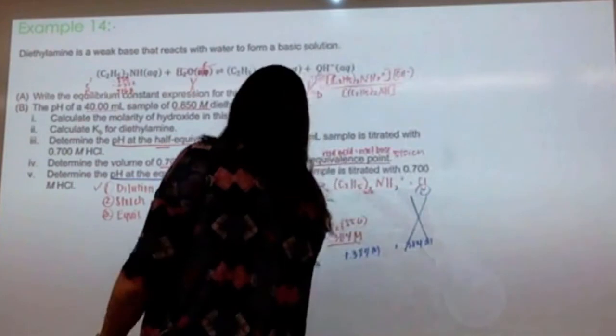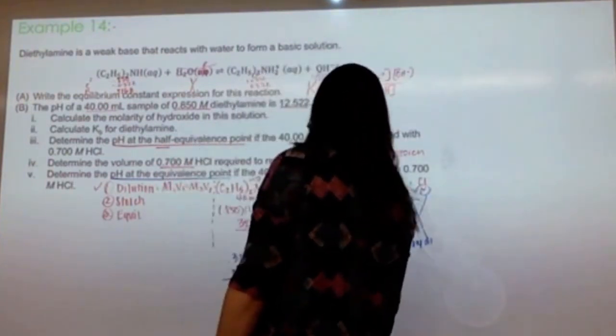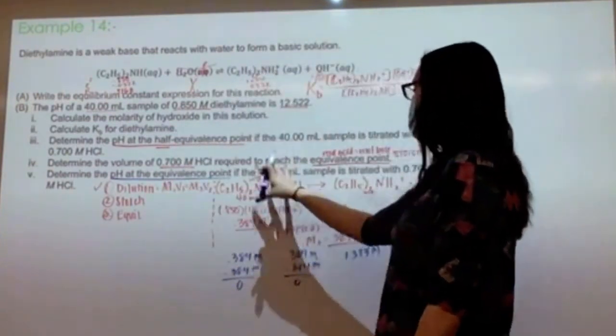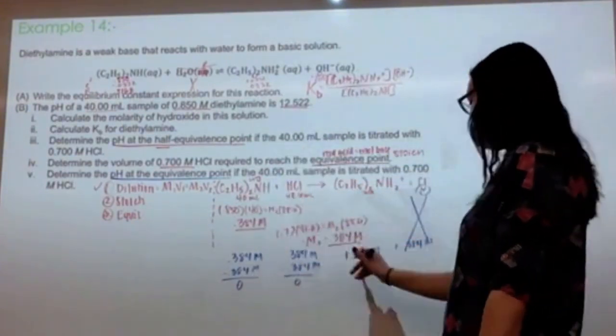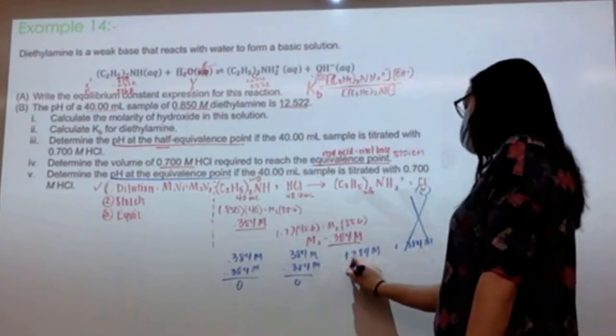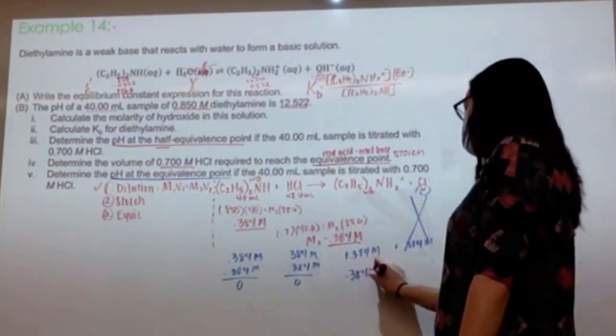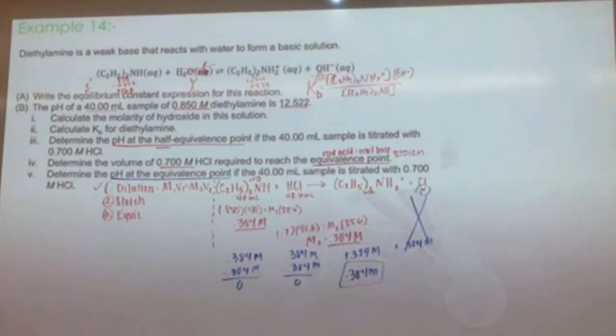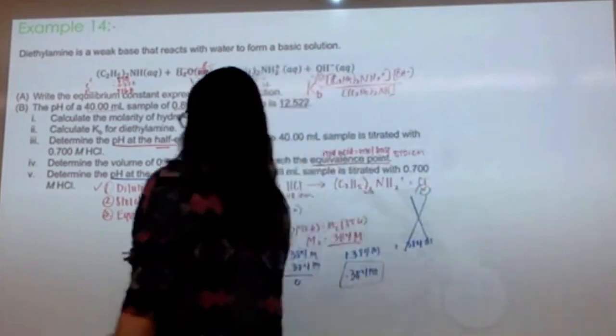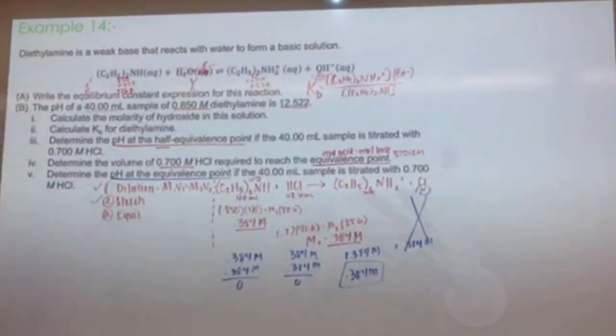So after this neutralization reaction, we have no acid and no base left over. They're gone. Instead, what we have is the conjugate acid in the container. So the stoichiometry took that into account.